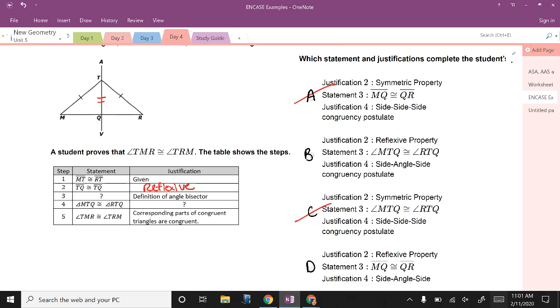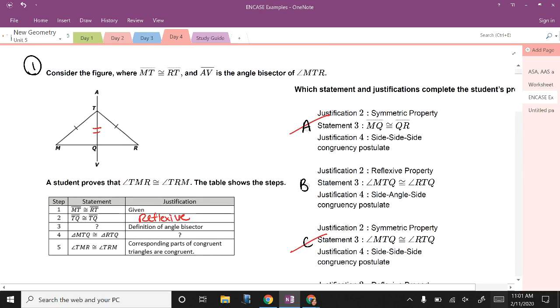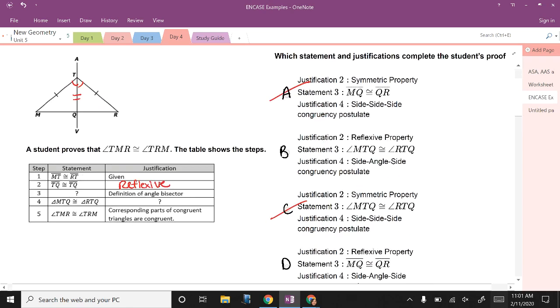So the next one says I'm going to use the definition of an angle bisector, probably to say some angles are congruent to each other. And it told you AV is the angle bisector of MTR. So that means if MTR is being bisected, this angle T is congruent to this angle T, right? So then you need two angles congruent.